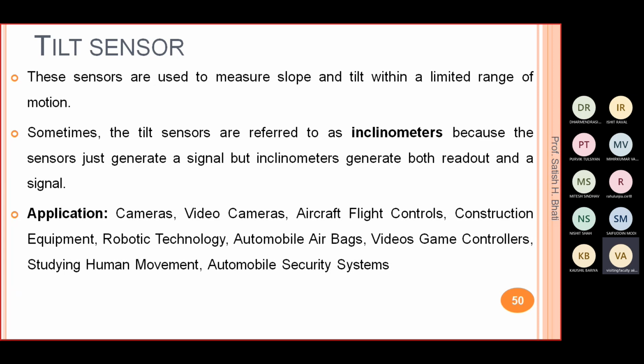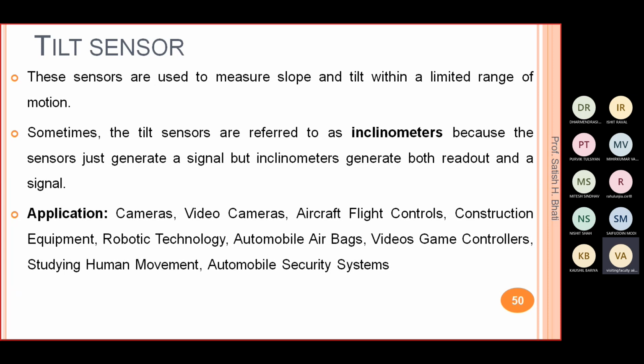If we talk about the applications of this tilt sensor, it is used in cameras, in video cameras, and in aircraft or flight for controlling purposes. Definitely their accuracy, their construction, or the circuitry they use is of good quality.